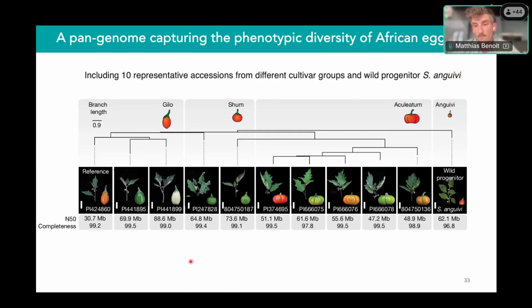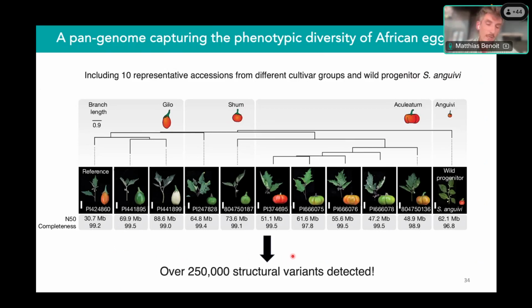We generated reference genomes for those accessions using PacBio HiFi, and we generated annotation for those species in order to have an idea of how diverse those genomes would be and how widespread gene duplication could be in this species.